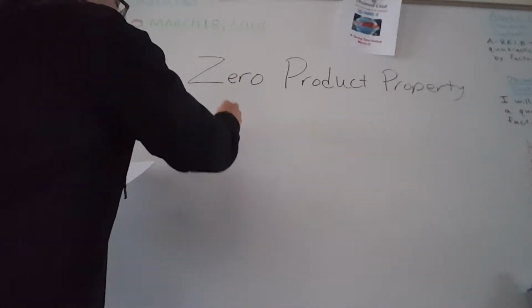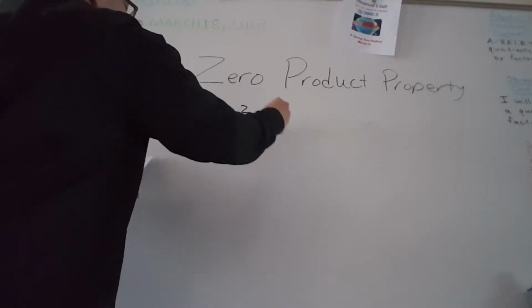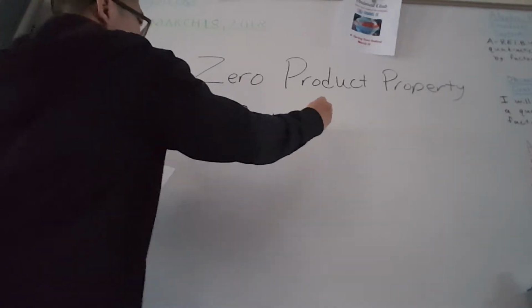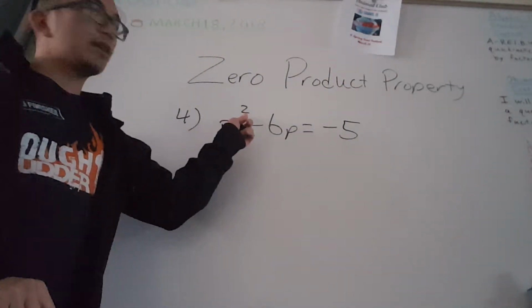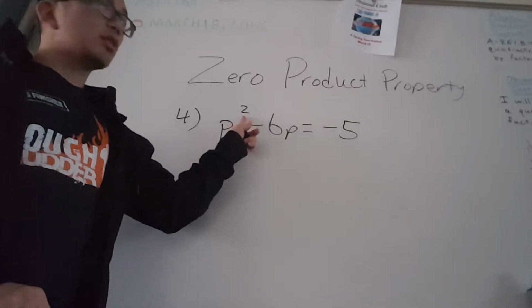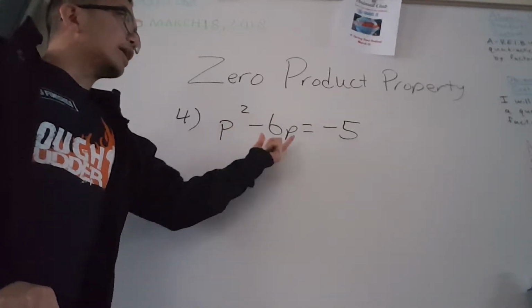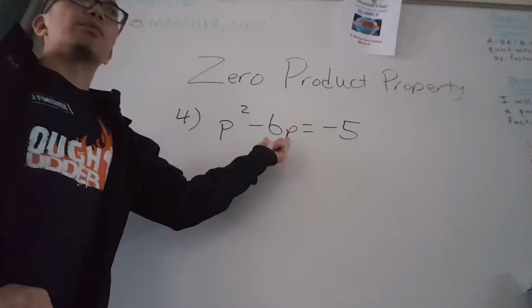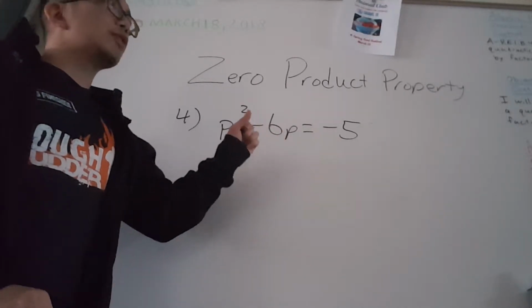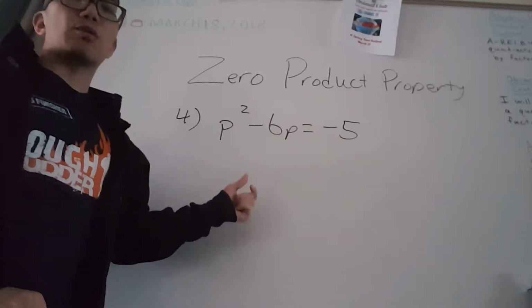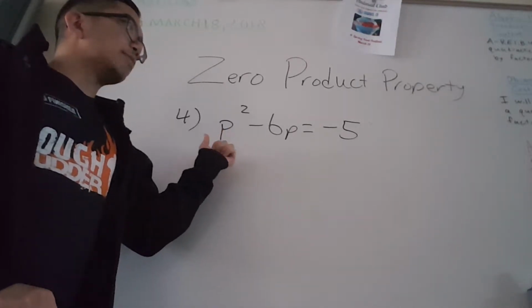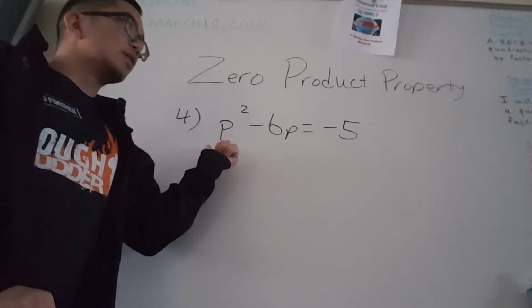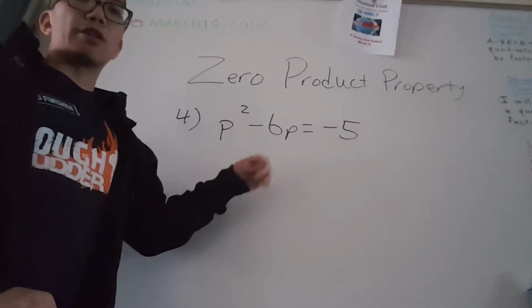I have p squared minus 6p is equal to negative 5. Now, I know this is quadratic in form because I have a square here. And now look, I have a b term, which means I have to use factoring to solve this quadratic equation. Last week, if it didn't have a b term, we used square roots to solve it.